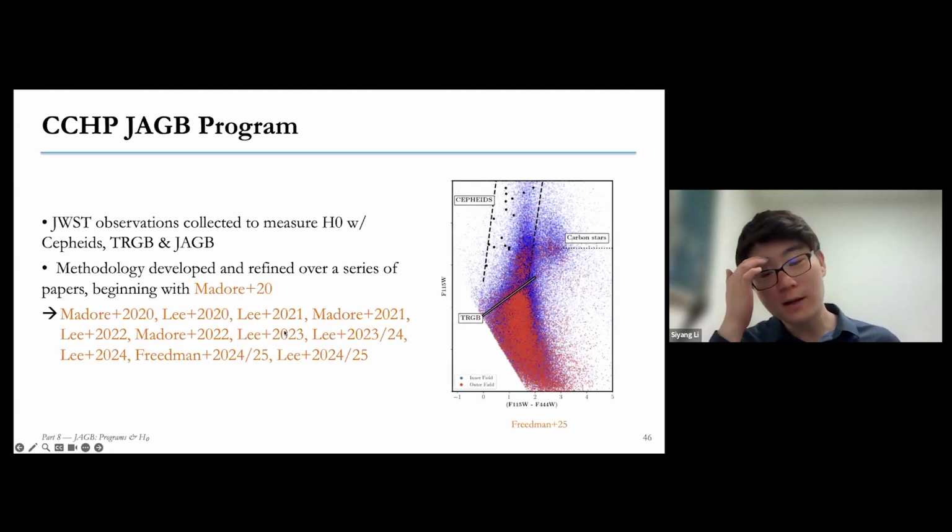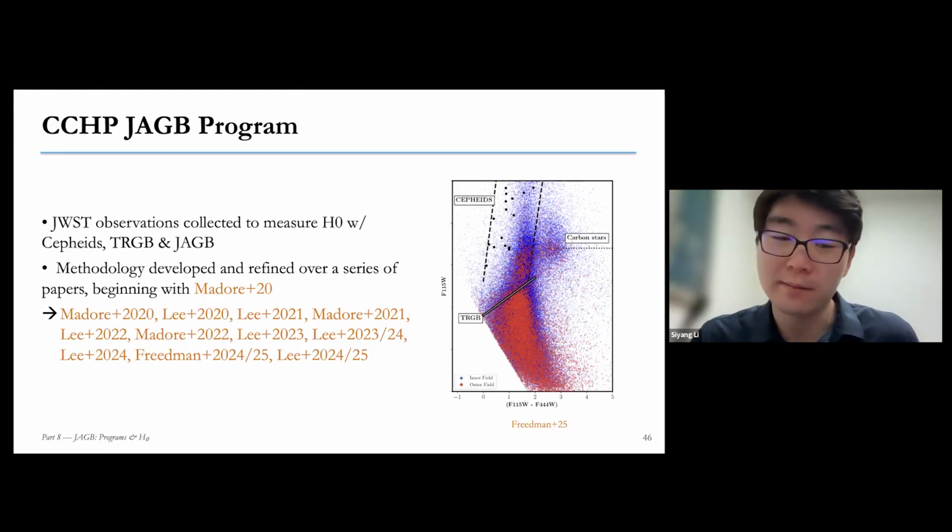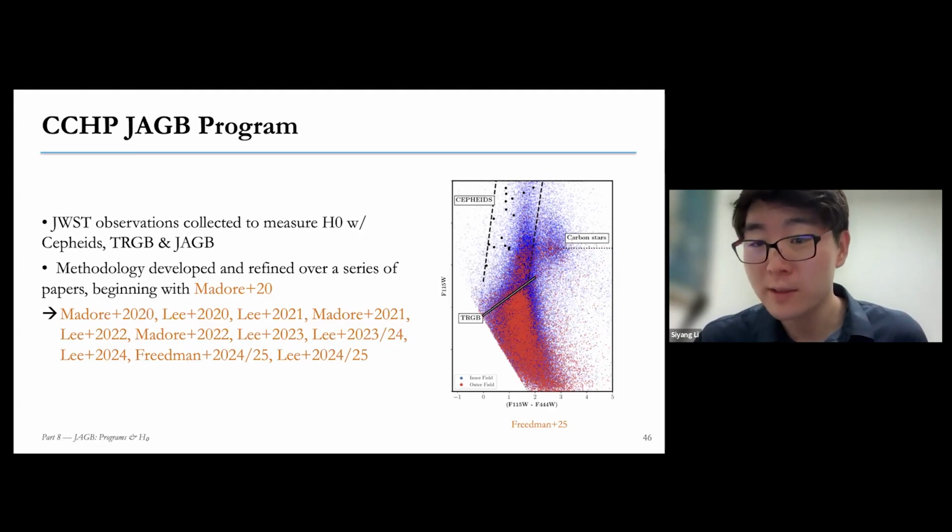So with that in mind, I wanted to briefly review some of the recent JGB H0 results in the literature. The CCHP team also had their own program to measure the JGB using the James Webb Space Telescope.